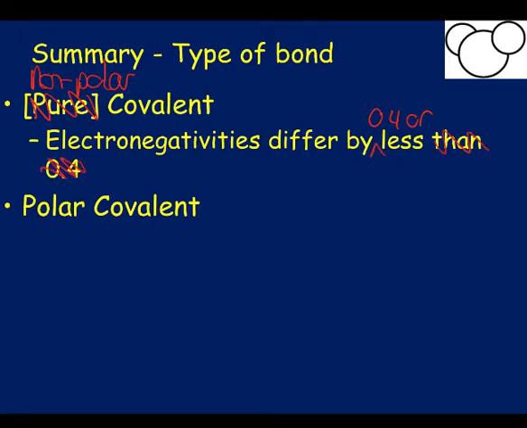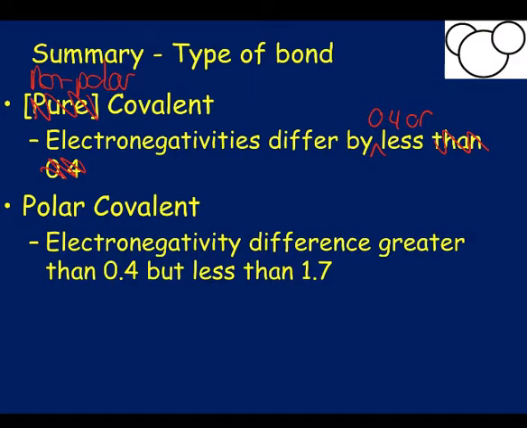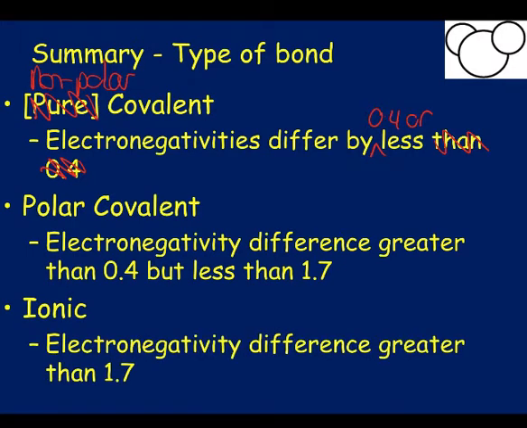To be polar covalent, the difference in electronegativity will be greater than 0.4 but less than 1.7. And finally, to be ionic, the difference between them will be greater than 1.7.